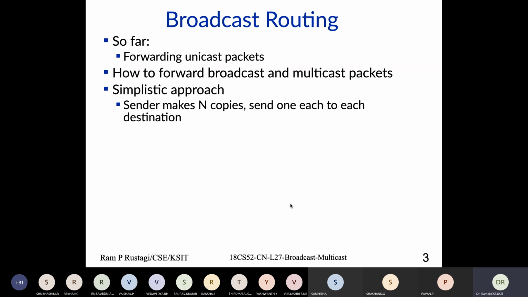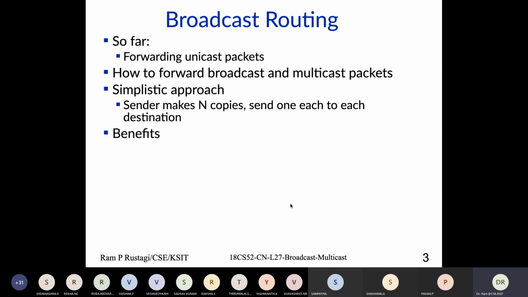What could be the simplest approach? The simplest approach would be, if there are n receivers, as a sender I make n copies and send one copy to each of the receivers. So the sender ends up duplicating the packet for each receiver.